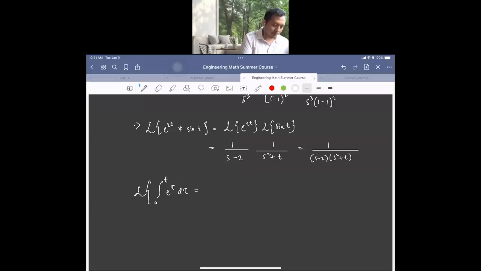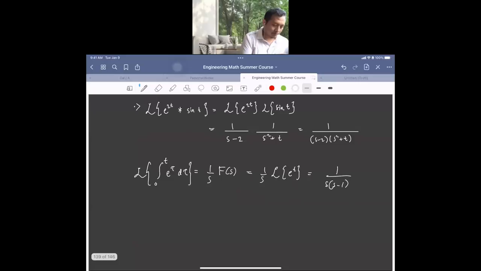Remember that this will give you 1 over s times F(s), and F(s) from here is just the Laplace of e^t, which gives you 1 over s minus 1. Okay.